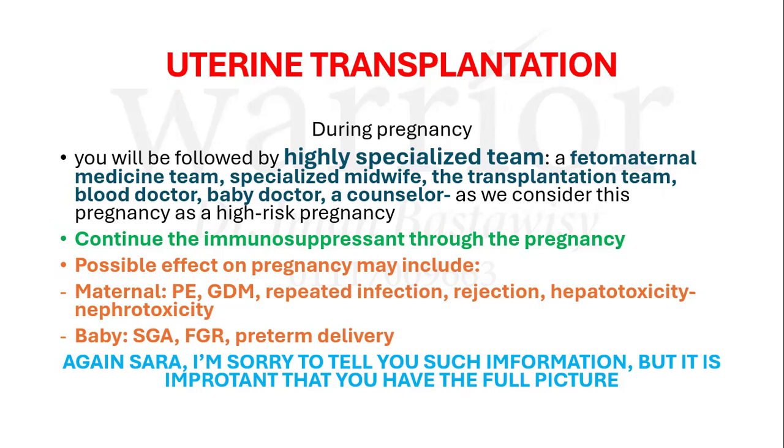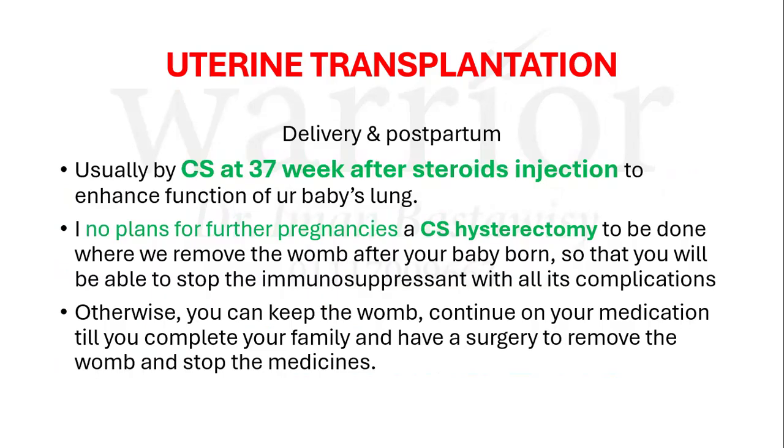Again, Sarah, I'm so sorry to tell you such information, but it's important that you have the full picture to decide as you wish. Now, the delivery is usually by cesarean section, Sarah, at 37 weeks of your pregnancy, after we inject you with a steroid to enhance the function of your baby's lung.